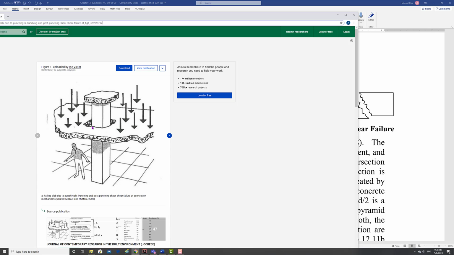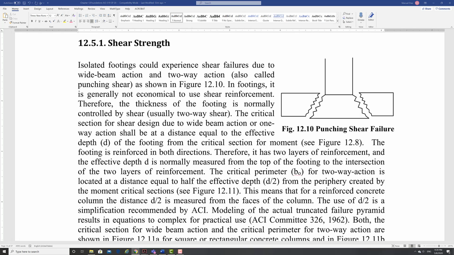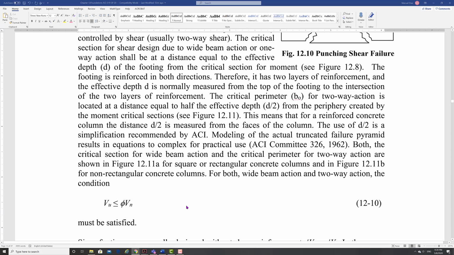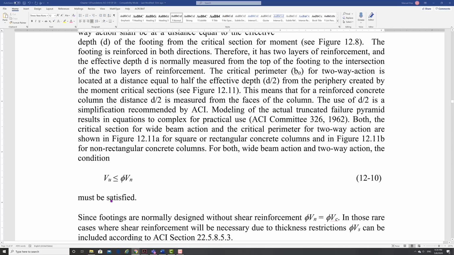The perimeter is this length right here, because the shear on each of these faces has to add up to the forces in order to maintain equilibrium. And so that's the b naught that we talk about here, that perimeter. Good.